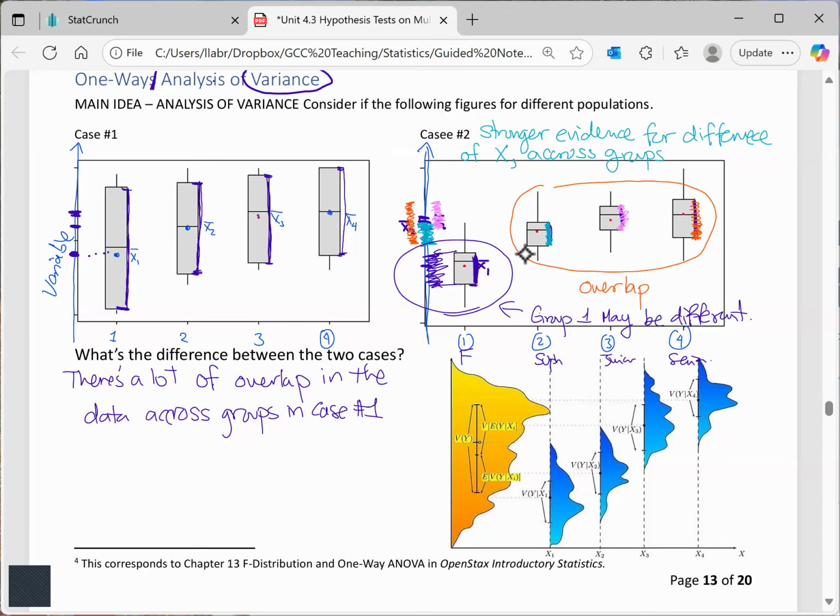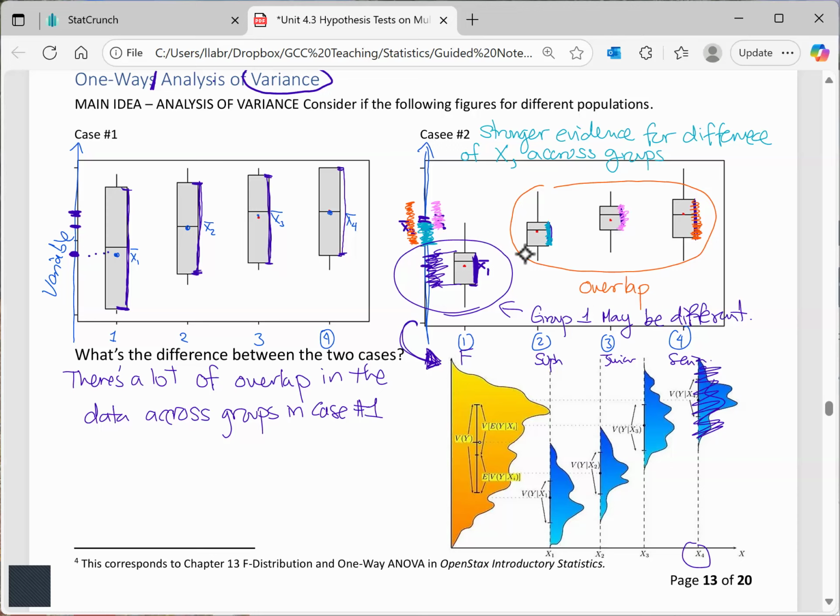And what we observe is that in general, we're going to ask this question: is there evidence that each of these groups came from the same distribution? So if these groups really are random groups, we need to make sure that we have a random sample. If I were to take a group, for example group 4, it's likely that I get data like this.